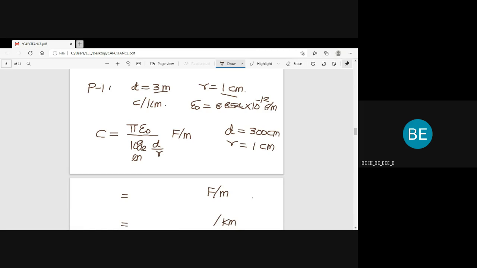So problem 1: the distance between the conductors is 3 meters, the radius of the conductor is 1 centimeter, and we have to find the capacitance per kilometer. Given the epsilon naught value is 8.854 into 10 power minus 12. So you just tell me the answer for that.